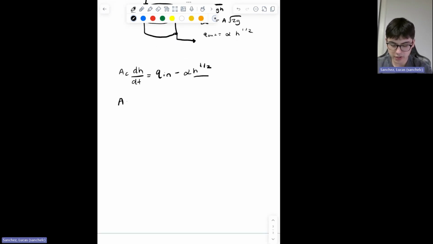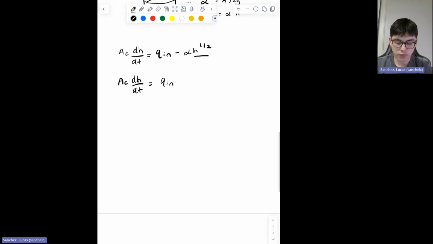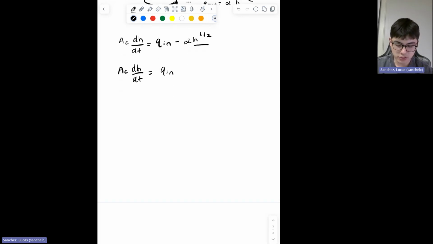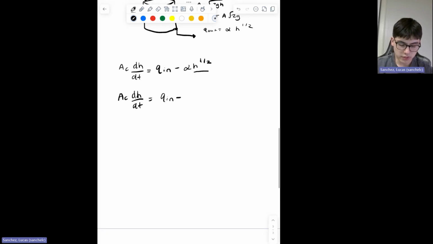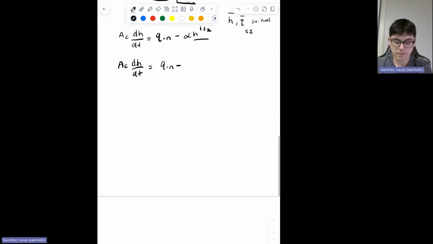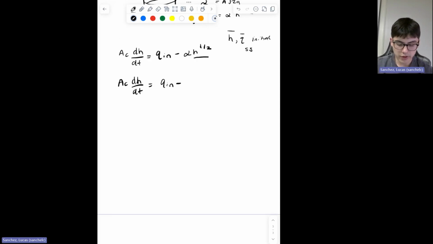So Ac dh/dt will be equal to Q in. And now for the Taylor series expansion, we're going to expand about h bar. Let's say h bar and Q bar are both the initial steady state values. So we're going to linearize.